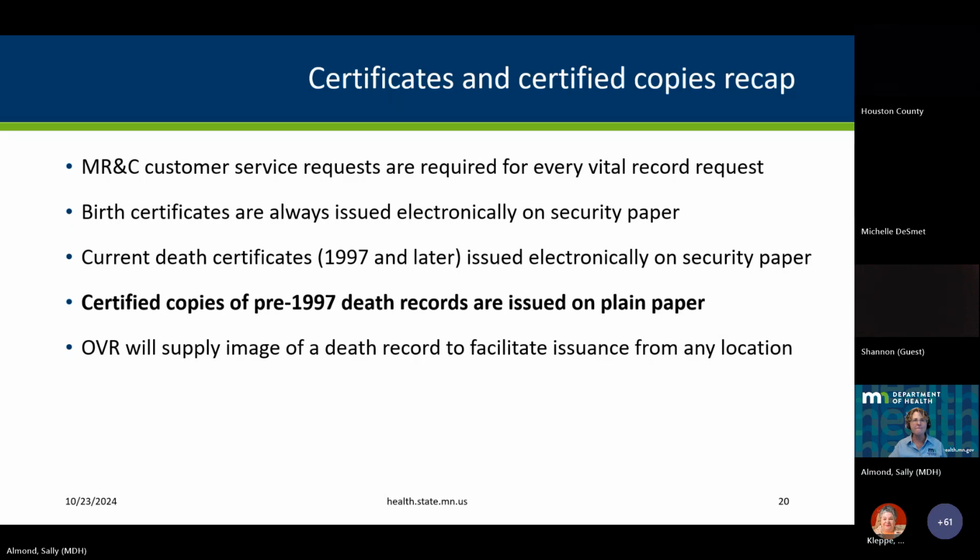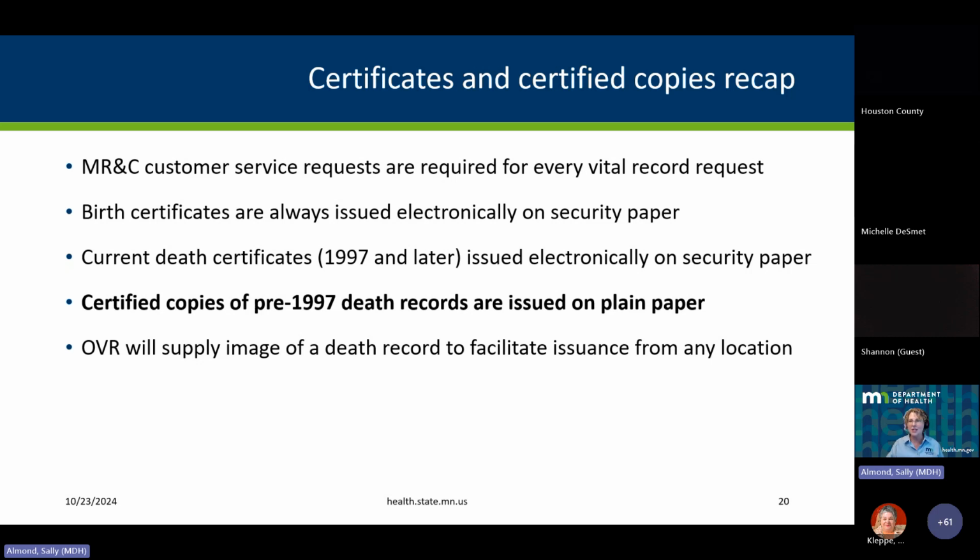Okay. So just to summarize what we've talked about with certified records, enter an MRNC customer service request for every transaction. This is not just to track fees, it's also capturing that really important issuance history. Birth certificates are always issued the same way, regardless of the age of the record.